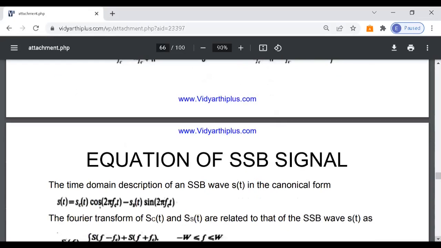So let's go to the mathematics now. So this is your time domain description of your single sideband signal.